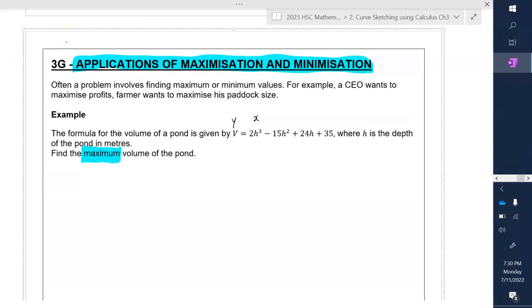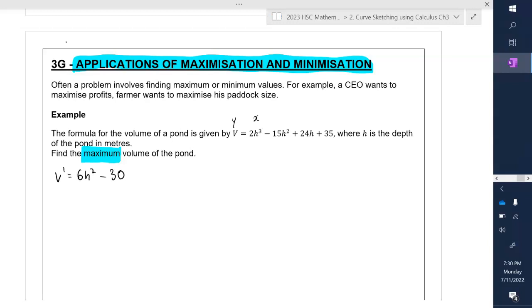So we've got V. So we can find V dash. So let's do that to start with. That's going to be 6h squared minus 30h plus 24. And we can also find V double dash, which is 12h minus 30.